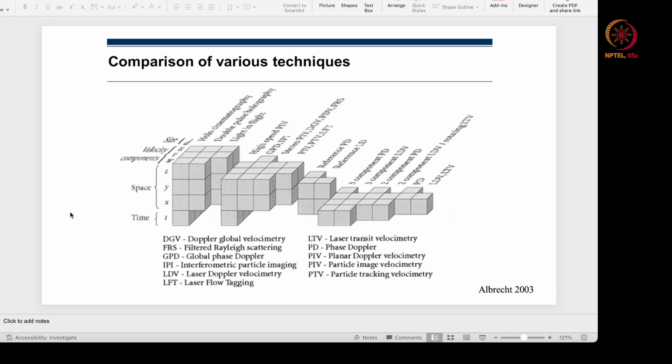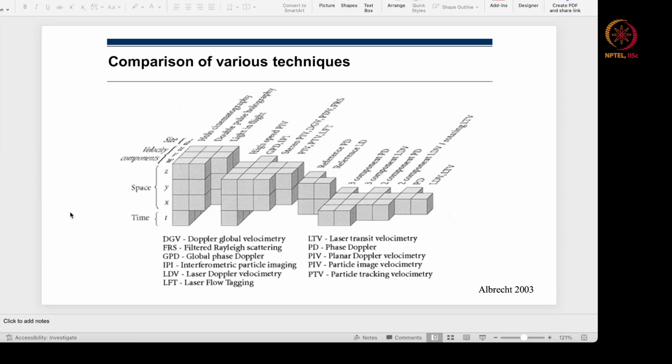So each technique has its own advantages and disadvantages, and is also tailored for what you are trying to measure. That is very important: what you are trying to measure and what kind of information you need. In one case, you can have very high temporal resolution. In another case, you might have very high spatial resolution. In some cases, you may need to see the entire flow field and how it evolves over time.